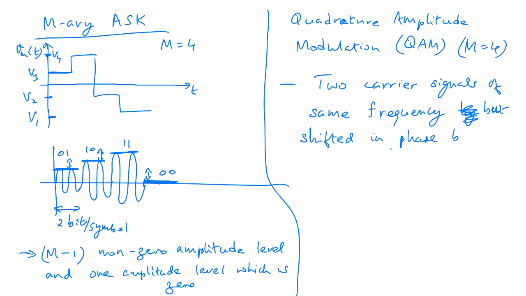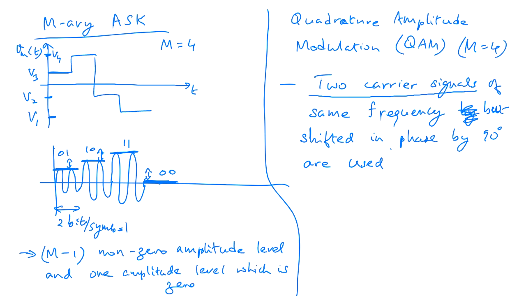So the idea of producing m equal to 4 is done now with two carrier signals. Rather than a single carrier signal, we now have two carrier signals.